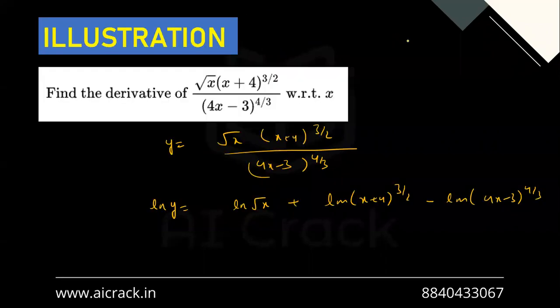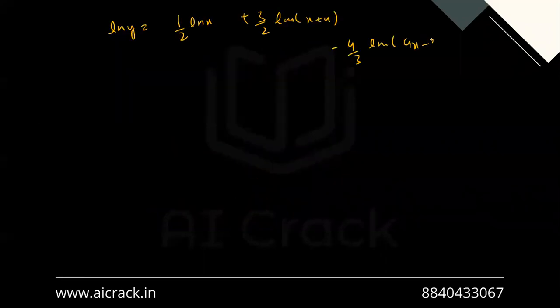Now let's simplify it further. We'll get ln y equals, with the power coming out, 1 by 2 ln x plus 3 by 2 ln (x plus 4) minus 4 by 3 ln (4x minus 3).